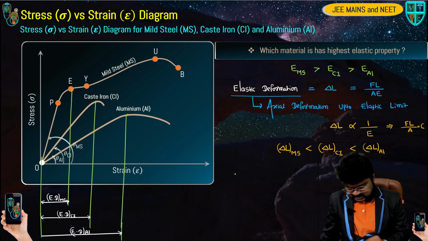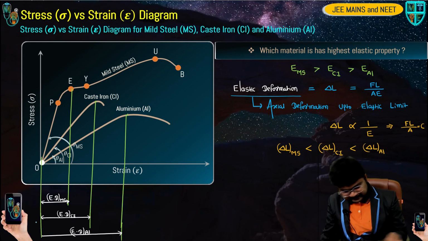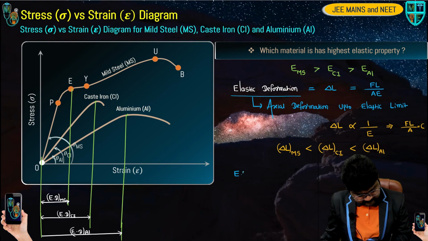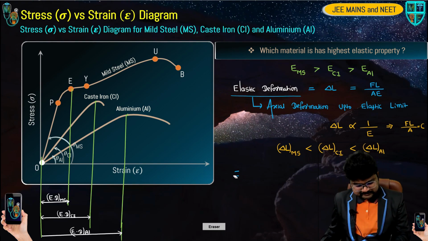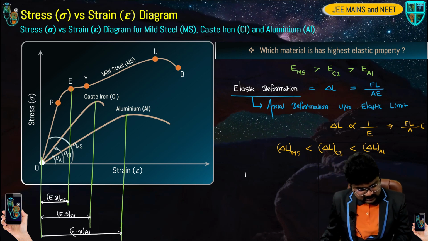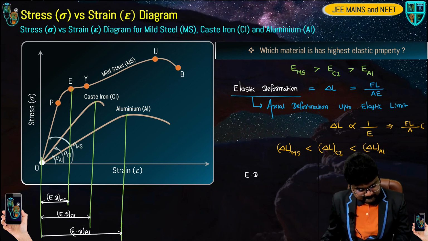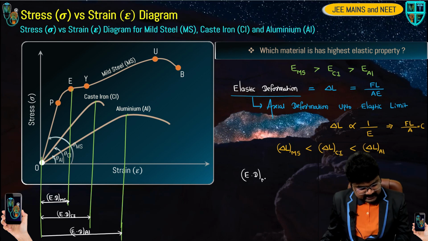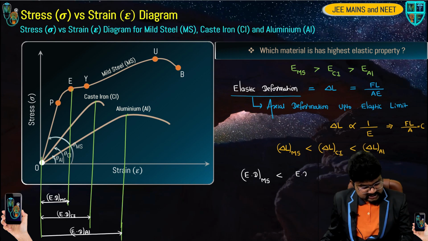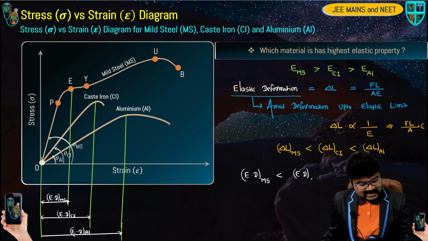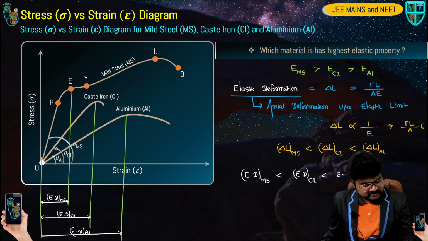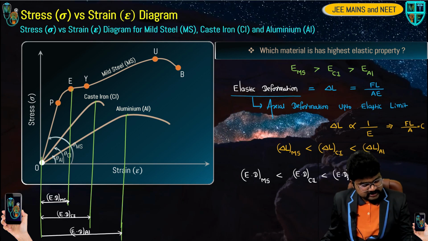Understood now? So here the elastic deformation of the mild steel is less than the elastic deformation of aluminium.